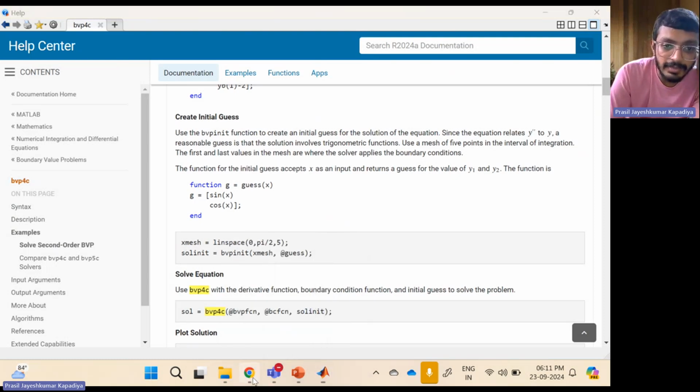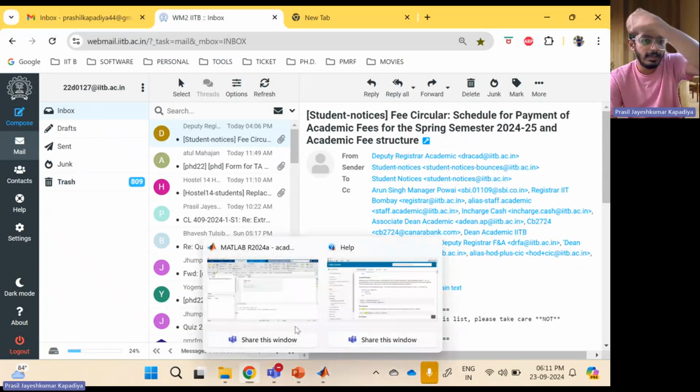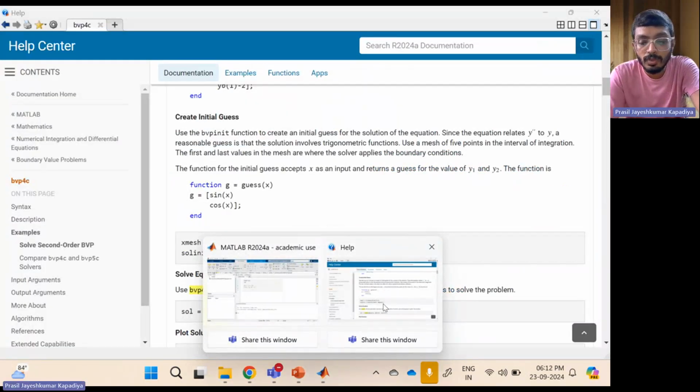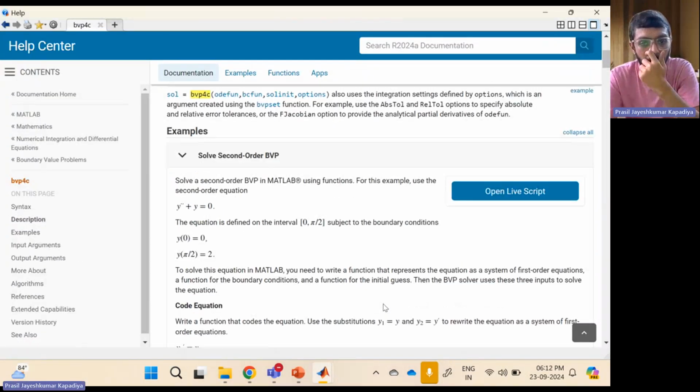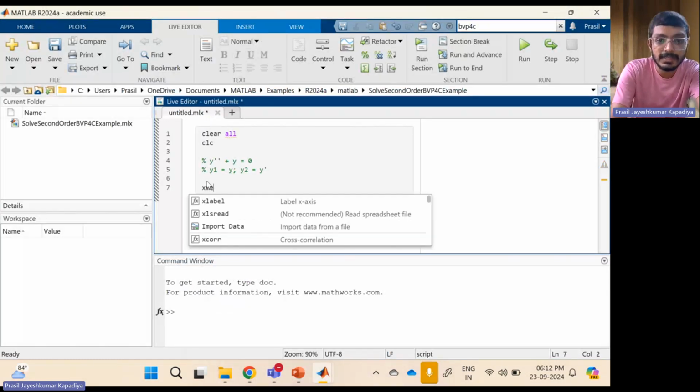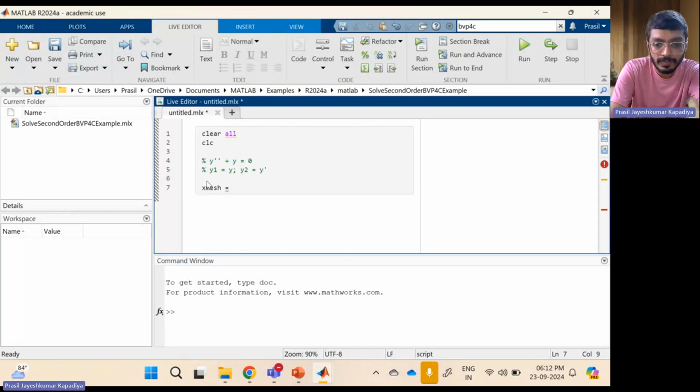Let's say I am giving x mesh from 0 to pi by 2. I give my x mesh using the linspace command. I hope you remember what linspace is. It creates equally spaced points between a and b, as many as we have given.